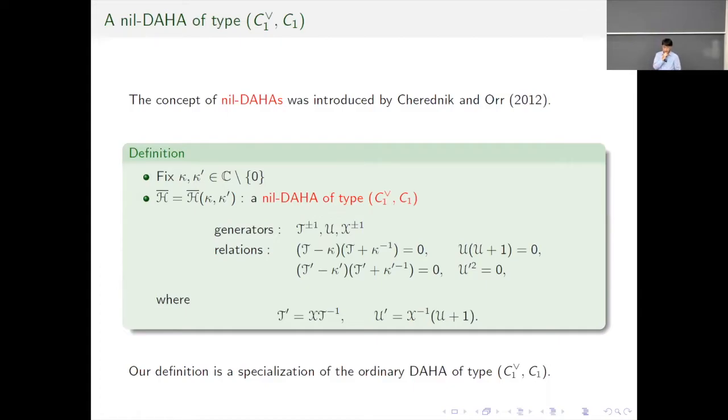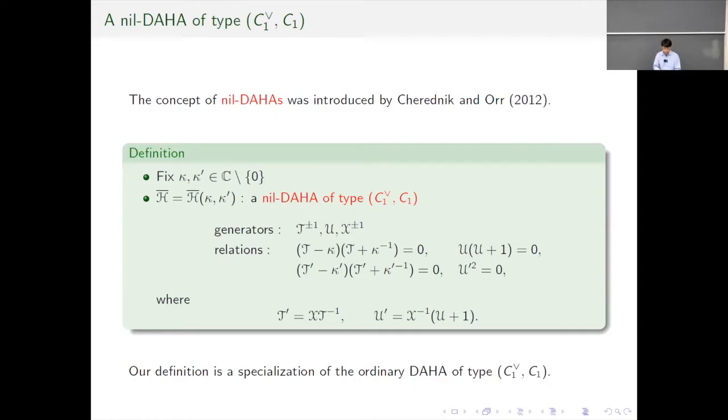So I contacted Daniel Orr and asked about the nil-DAHA, and he gave some explanation of how to construct it. Thanks to his comments, Hajime and I finally found such an algebra, the nil-DAHA of type C1, C1 check.